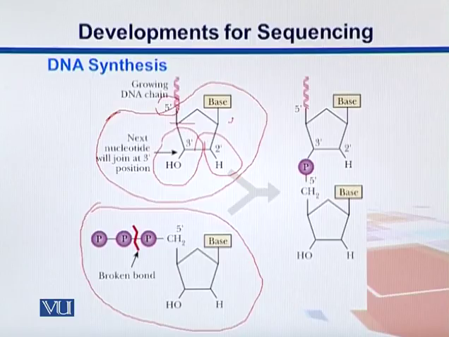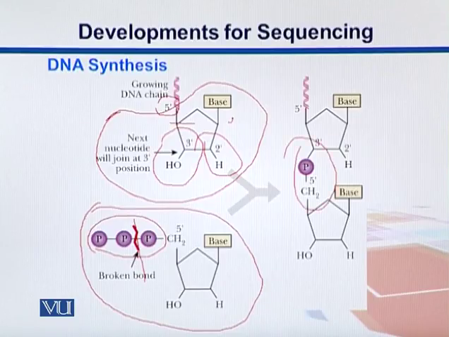It's a triphosphate, which we label as dNTP, a deoxynucleotide triphosphate, because there are 3 phosphate groups present. Two of them break away right here and are released as pyrophosphate, and then this nucleotide attaches to the 3 prime position of the previous nucleotide. The presence of this OH group is critical for the attachment of the new nucleotide to the growing chain.